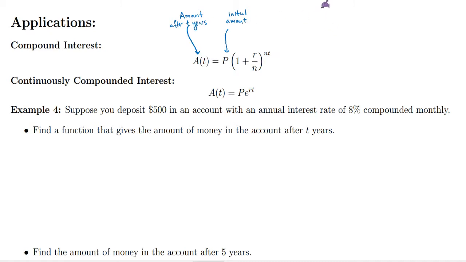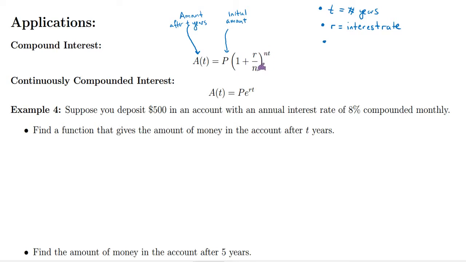So what are the variables here? So t is the number of years. P is your initial amount, and A is the amount after t years. Hopefully I don't have to label those two again. But what's r? r is the interest rate. And what is this n here?